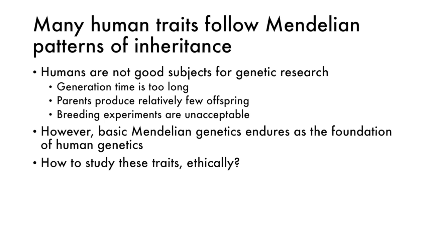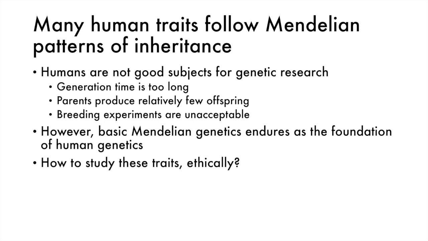But understanding the genetic basis for disease is something that we're interested in, but not something that we can necessarily do a lot of experimentation with directly, because it's unethical to breed humans for these types of experiments, and that's far and away the most important reason. But there's some practical issues as well.